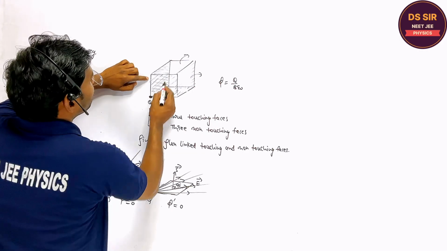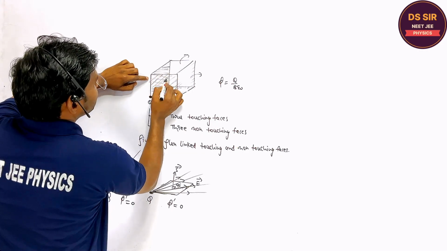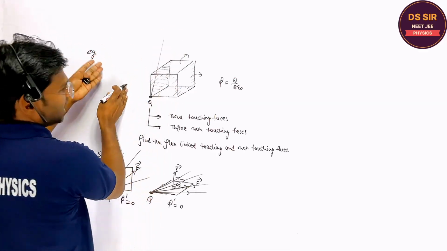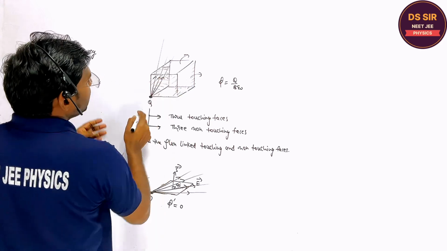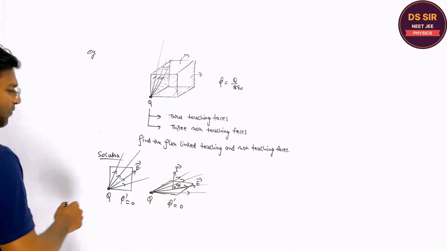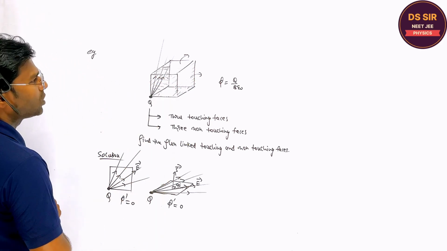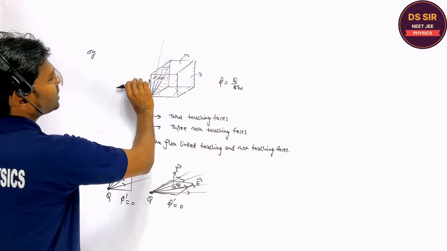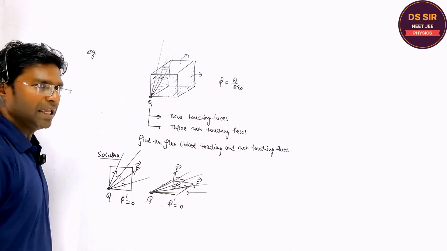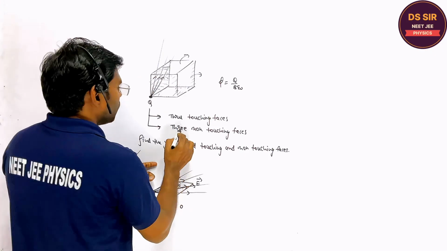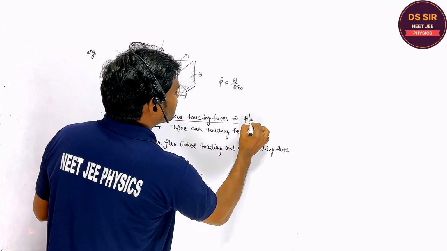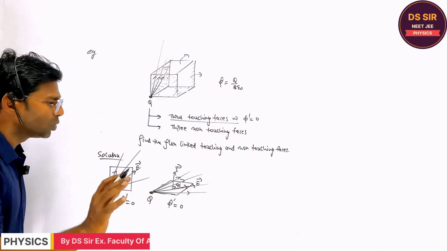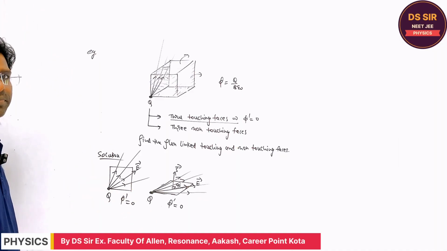In the same way, if you consider the left side face, the electric field is again in this plane. So the flux linked with that face is also equal to 0, because the electric field is perpendicular to the area vector. So for the 3 touching faces, the flux linked is 0. You understand this question or not?